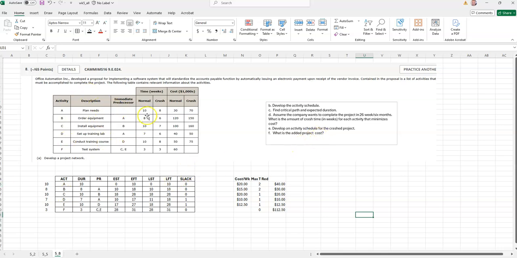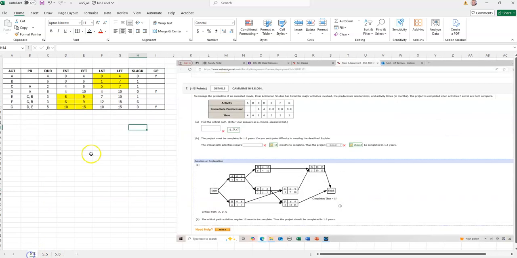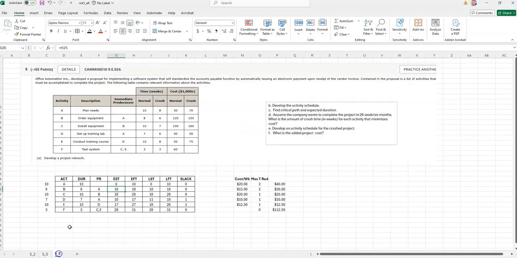But from this standpoint, what we want to do is figure out how to go from 31 weeks to 26 weeks and what is it going to cost us. So take a look at this chart that I've done for you to compute the forward pass and the backward pass. This one back here, I just did a little addition and subtraction. There's no formulas in here, but I set this one up with formulas so that you can play around with this.